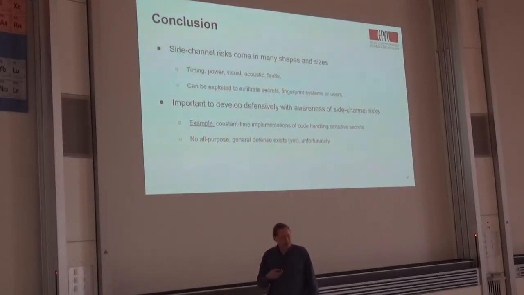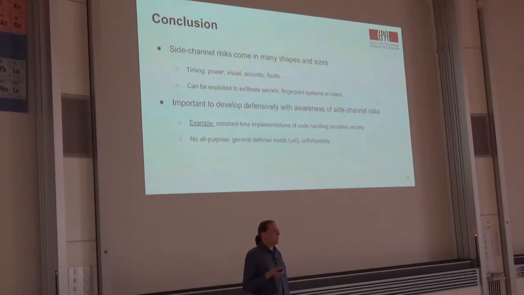But of course you notice I focused mostly on cryptographic code. Why did I do that? Because cryptographic secrets tend to be the easiest attack targets, where a successful attack can exfiltrate a small amount of information and get a really big bang for the buck, right?